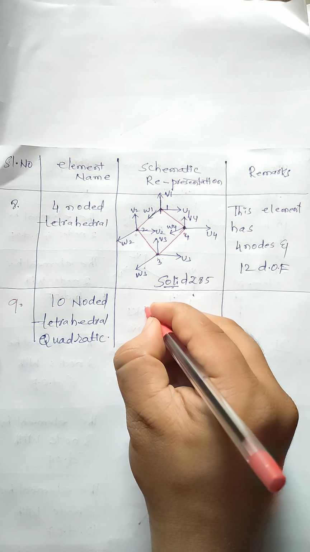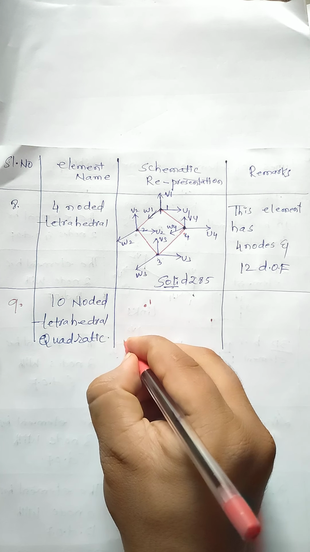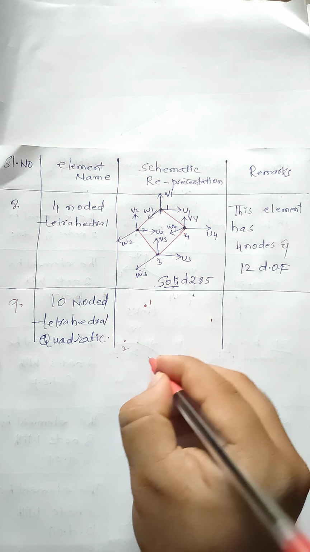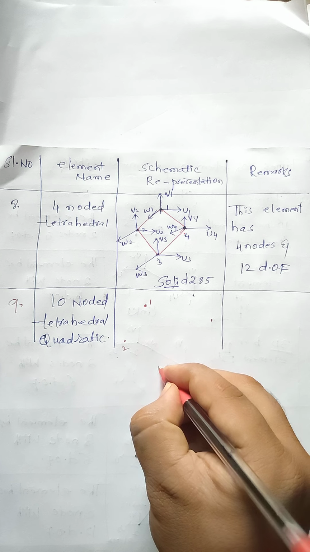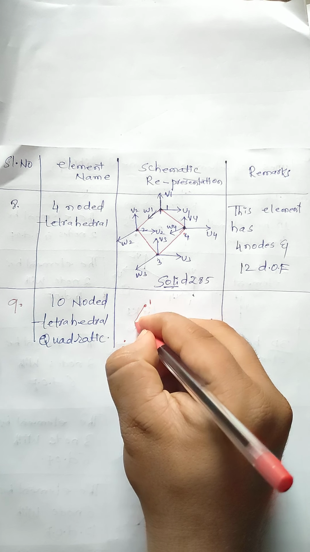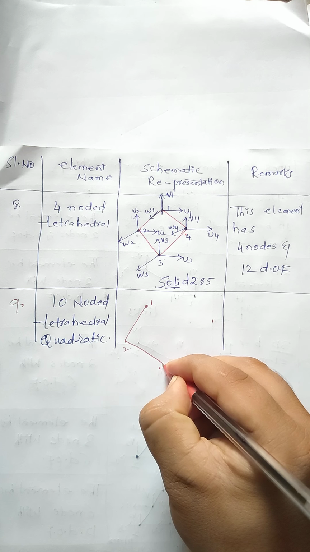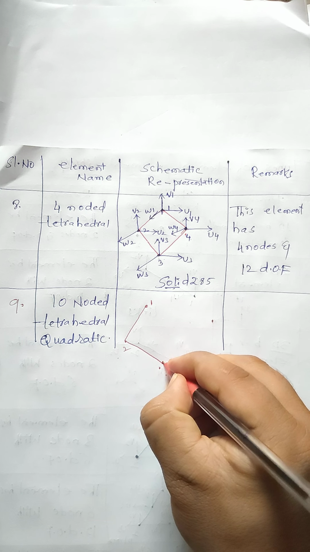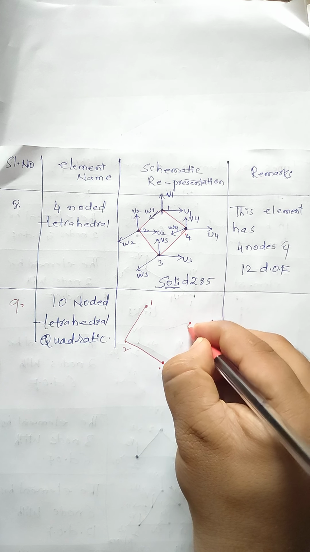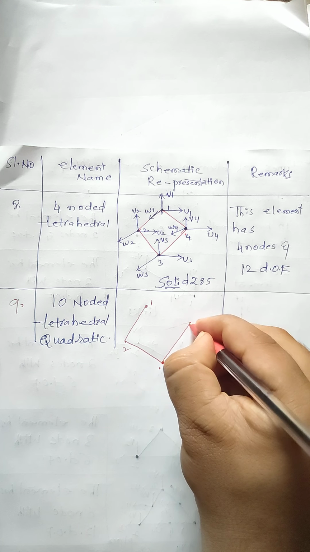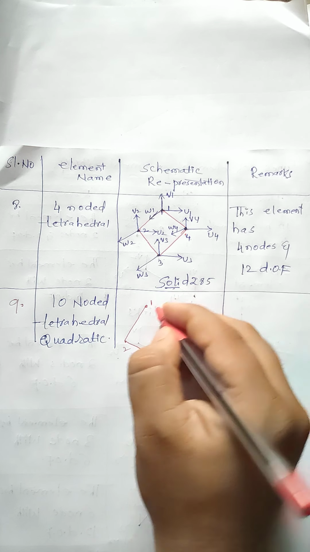This is the first node, and this is the second node, and this is the third node, and this is the fourth node. First, second, third, fourth.